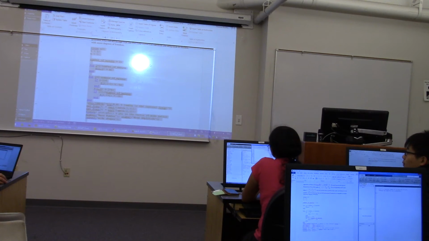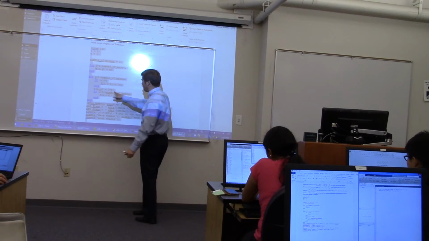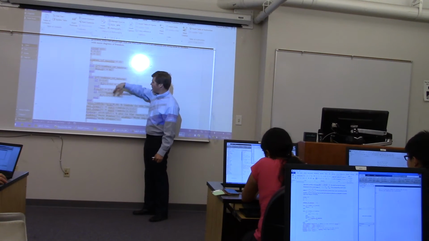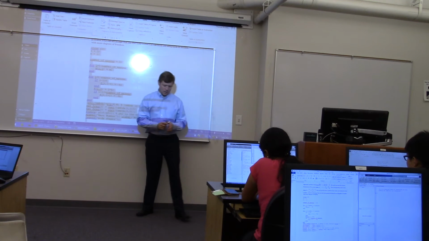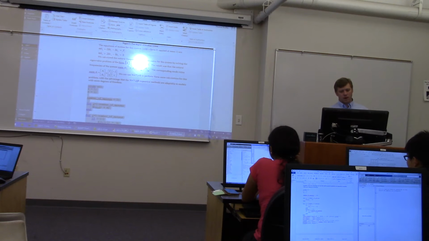It composes a 3-wide diagonal matrix with these characteristics. The diagonal is always 2K, and then up 1 and down 1 from each of those is minus K. And that comes directly from our equations of motion here.